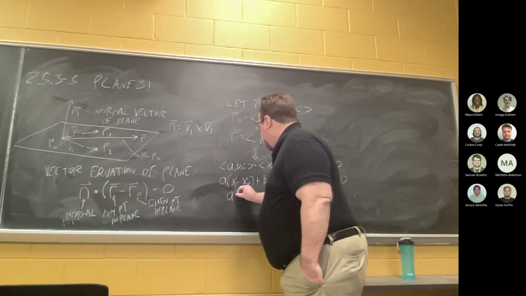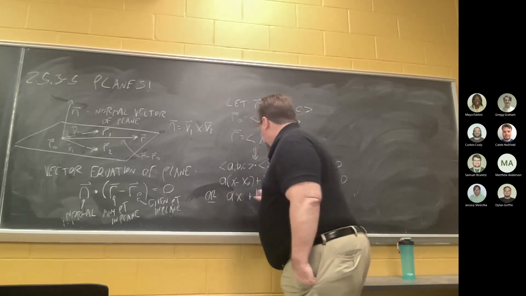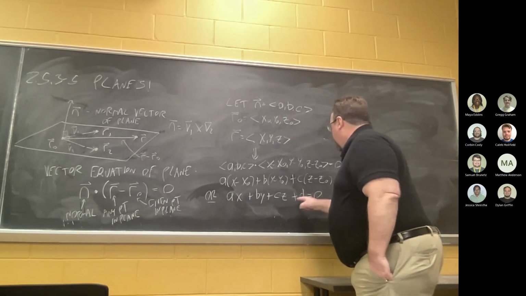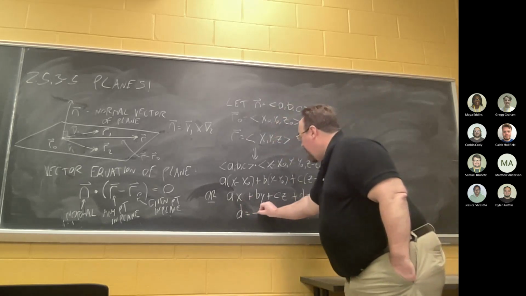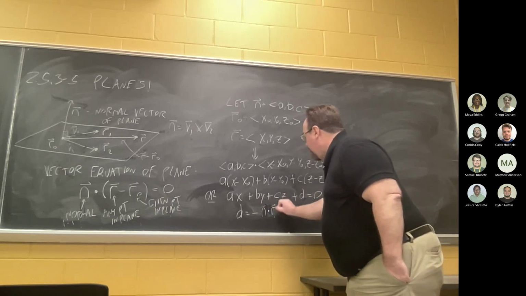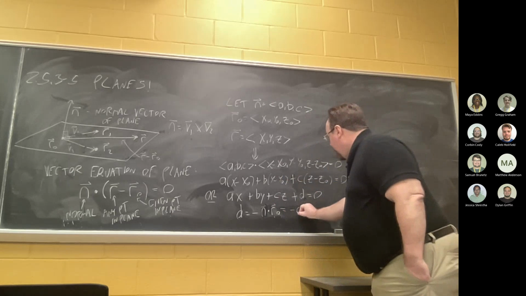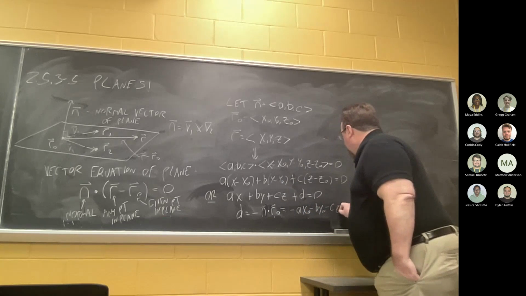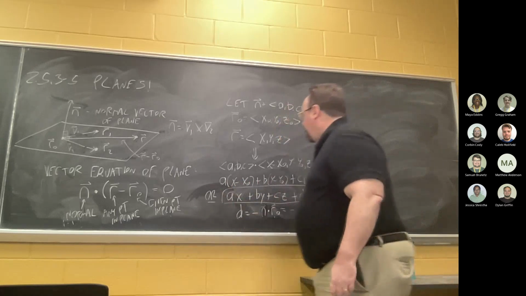If I distribute, I have ax plus by plus cz plus d equal to 0, which is an equivalent form, where d is given by minus N dot product with R0, or in terms of what I have written here, it's equal to minus a x naught minus b y naught minus c z naught.